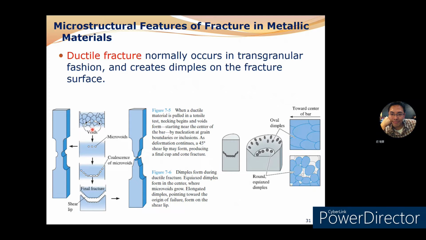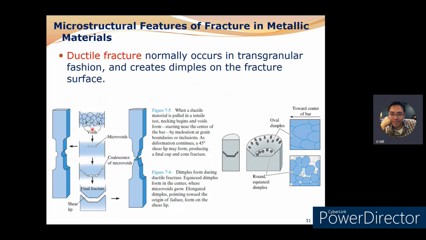Finally, the coalescence of the micro voids will occur, which means those micro voids connect, and finally it will fracture the sample. And these micro voids are formed due to the slip process, due to shear stress, which triggers the slip process that we already mentioned in previous chapters.